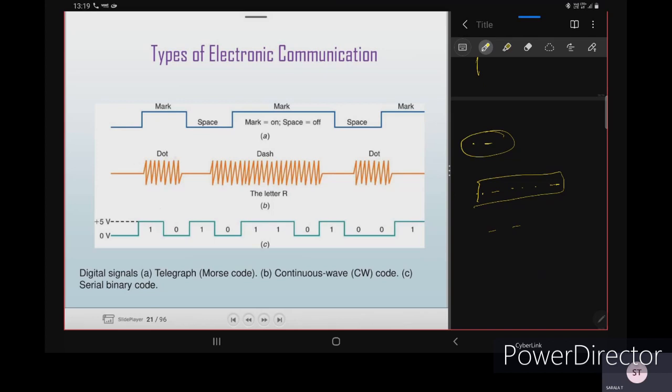You have a dot for a smaller waveform and, for a longer continuous waveform, a dash, like dot dash dot dash. That is the format. And if you go for serial binary code, you can have a transmission of 0 1 0 1 1 0 1 1 1. This is the format of digital signal transmission, the serial binary signal transmission. This will be transmitted in the form of waveforms.